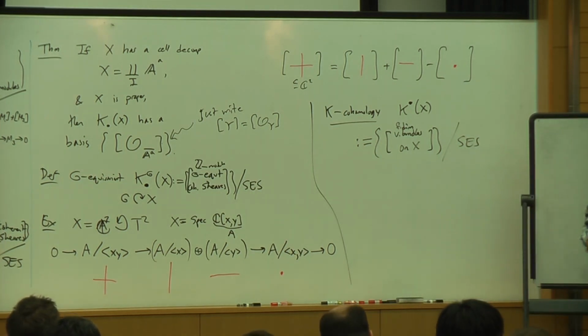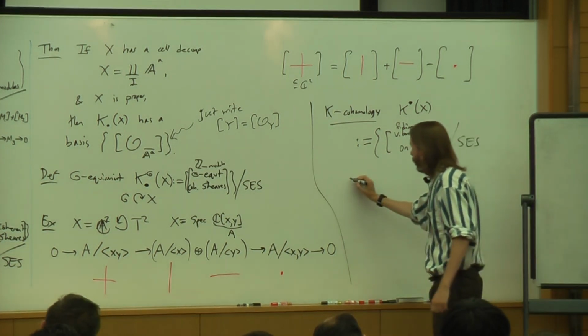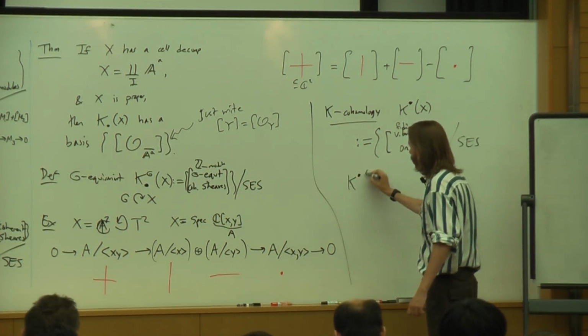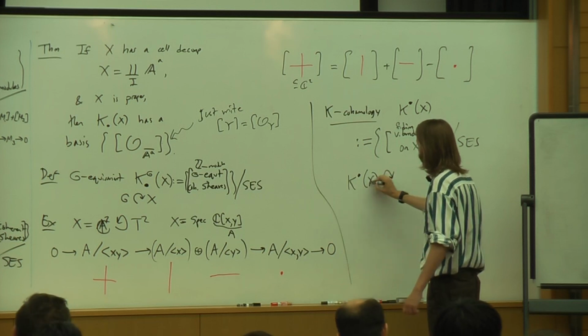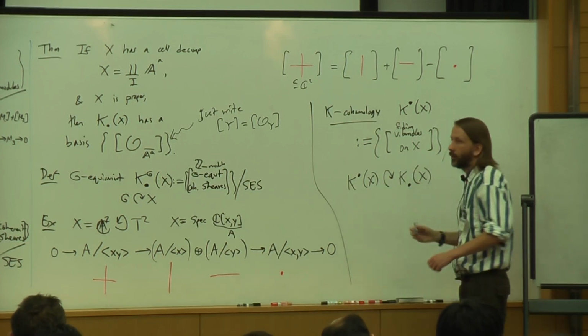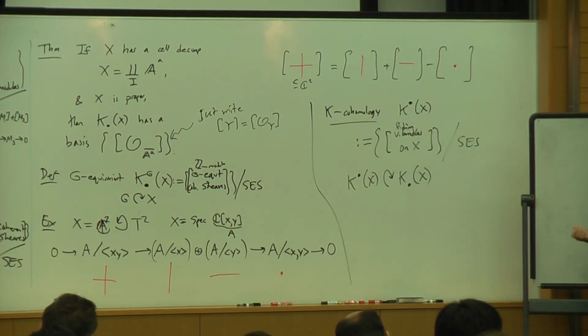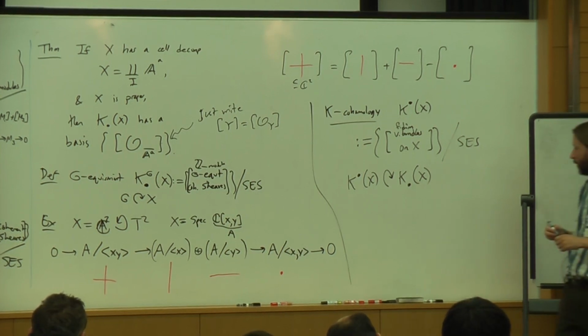So if I take a sheaf and a vector bundle, I can tensor them and get myself a sheaf, and that makes K-homology into a module over K-cohomology, and that's analogous to cap product for ordinary cohomology acting on ordinary homology.